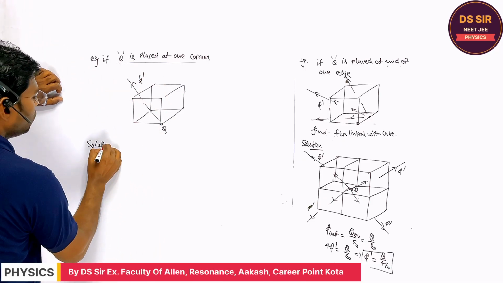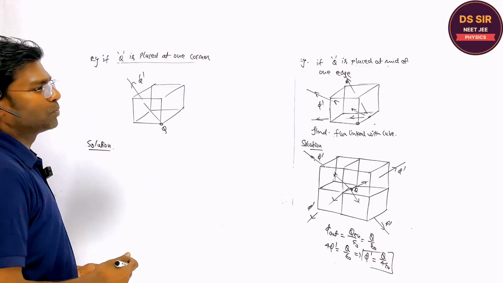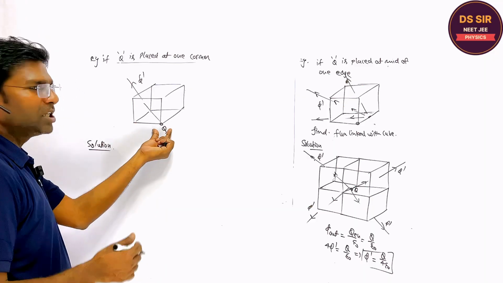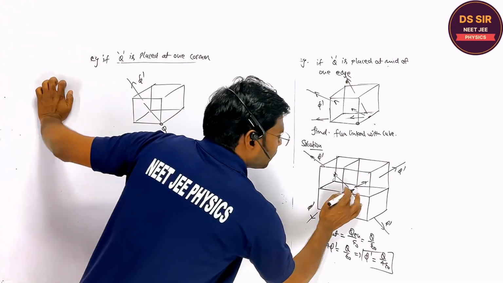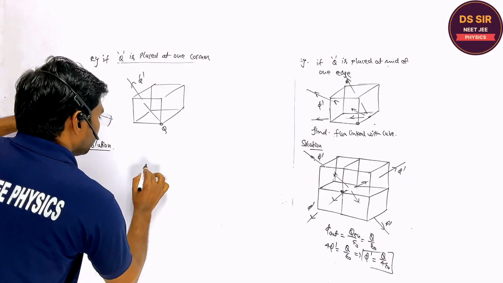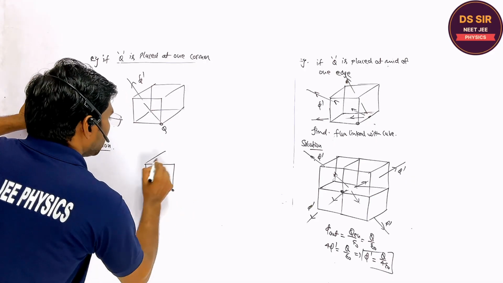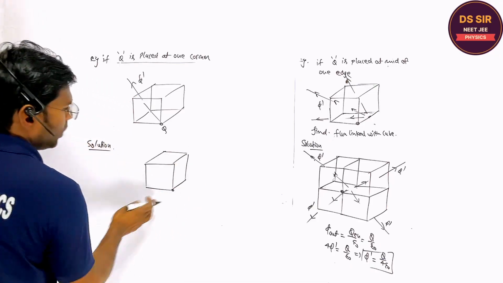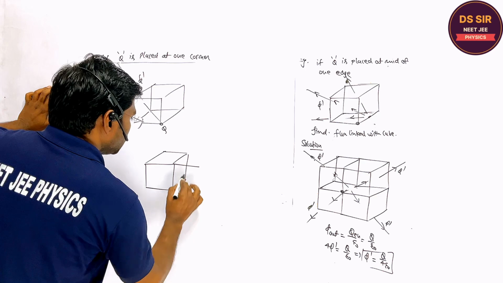So what you have to do, you have to imagine other cubes, so that this charge is enclosed symmetrically by those cubes. For example, this is the cube and the charge q is placed over here. I'm making small cubes. This is the cube and you have to find the flux linked with it. So this is the charge q.